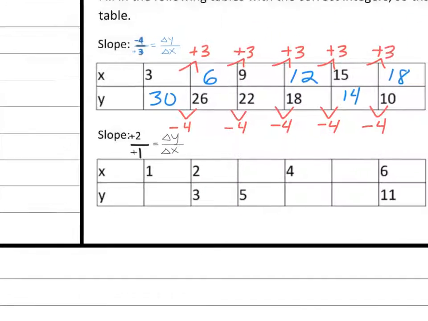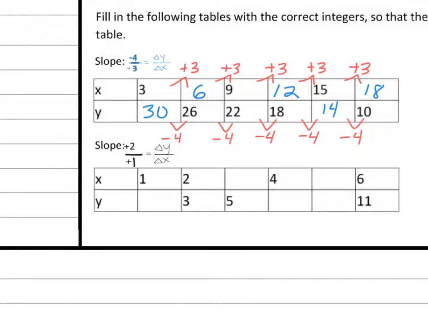So we're going to go to our table and fill that in. So the x is doing what again? Add 1. So for all of our x's, we're going to put +1 between the values. So fill in the pattern. 2 plus 1 is 3. 4 plus 1 is 5. So now it should be a pattern of adding 1 every time.